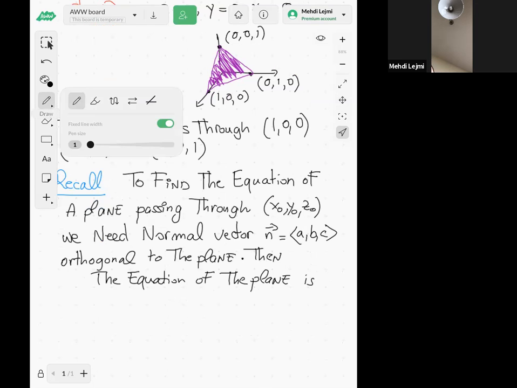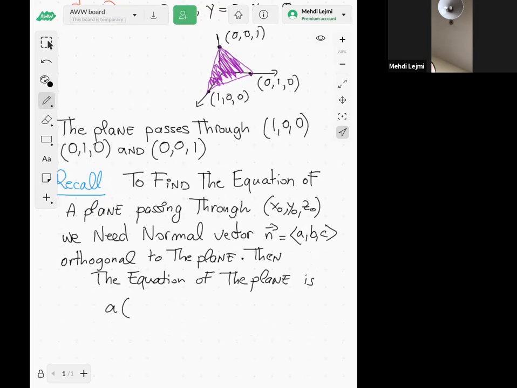So then the equation of the plane would be a times (x minus x0) plus b times (y minus y0) plus c times (z minus z0). The x0, y0, z0, that's the point of the plane. And the a, b, c, that's the coordinates of the normal vector, right? Sorry, it's equal to 0, yes.